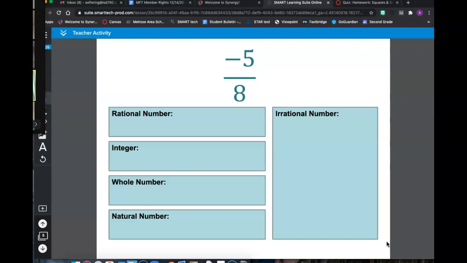Okay, you should be clicking start on your screen if you haven't. So Carson Worms, you need to click start.